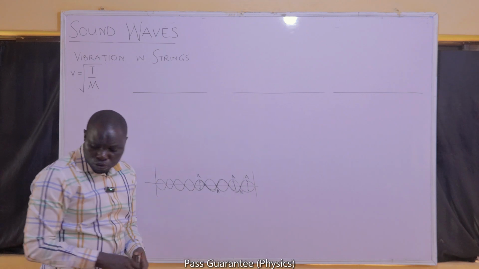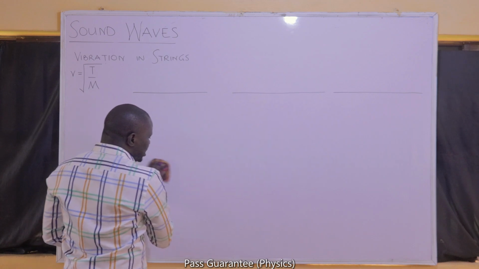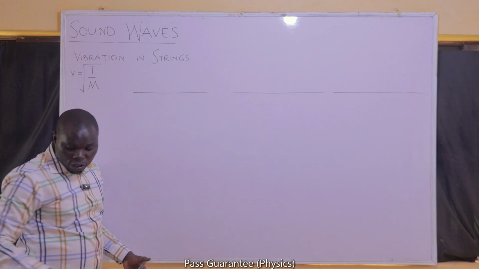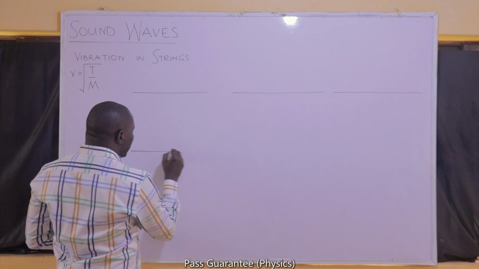I must be able to express the antinode and the node in terms of wavelength.